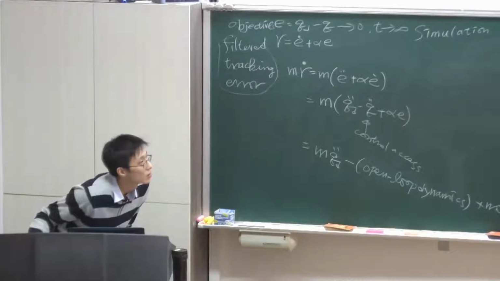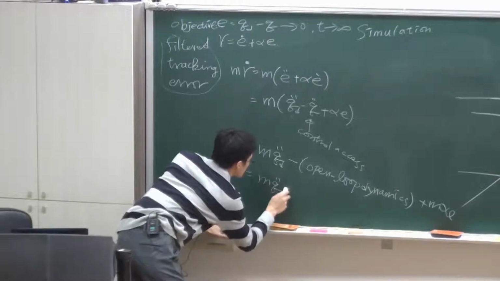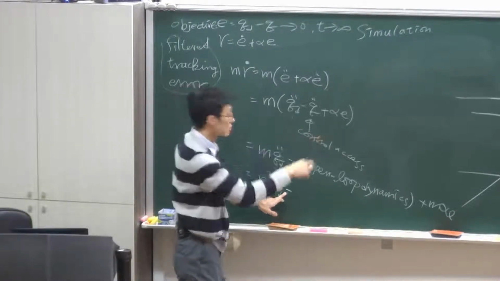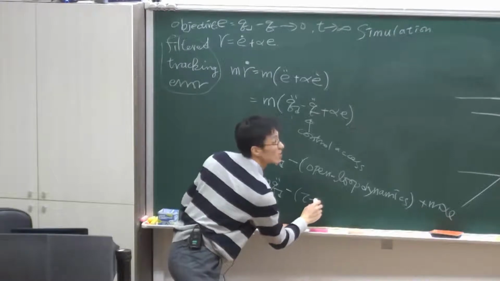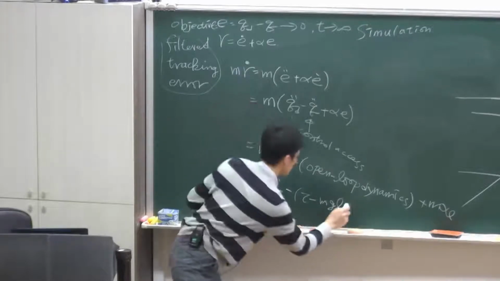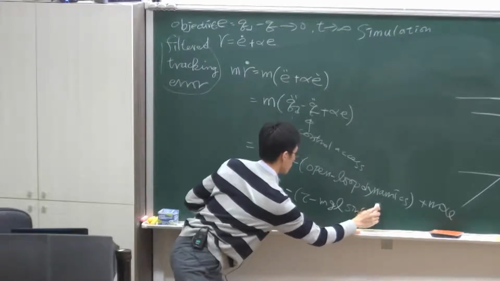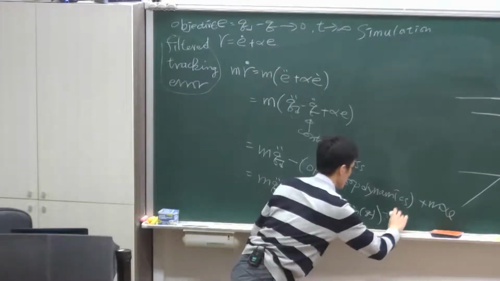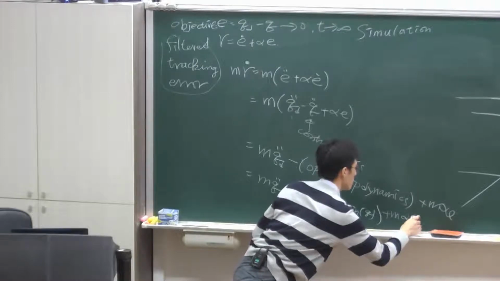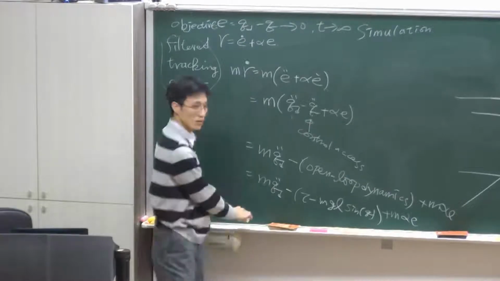I think it should be minus here, right? Anyway, minus that, which is tau minus m g l sine q, plus M alpha E, and that is that.